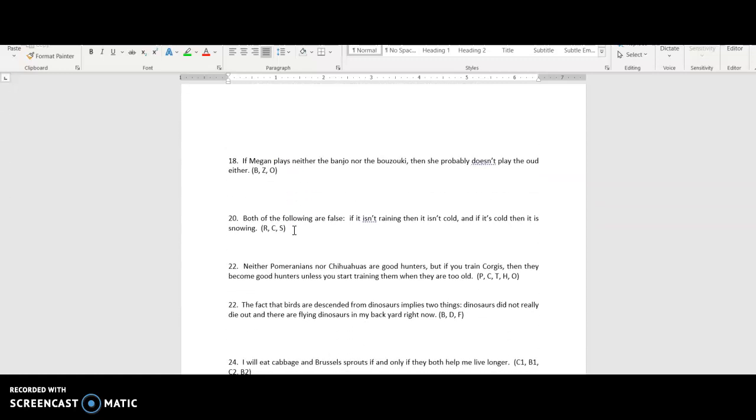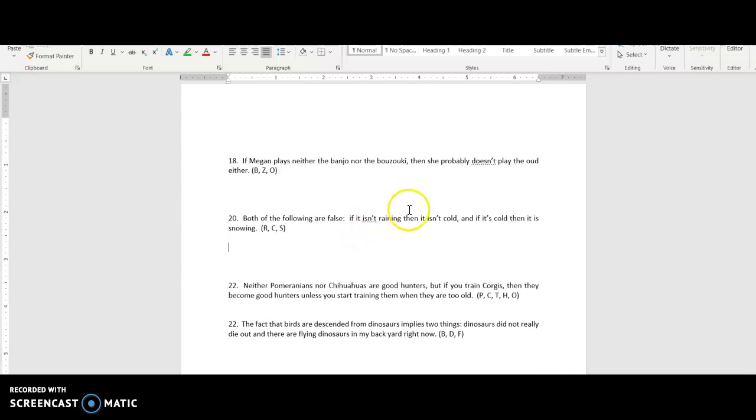All right. Let's see. Both of the following are false. All right, number 20. So both of the following are false. So we're going to have not both not.